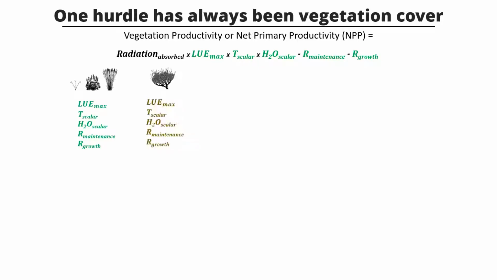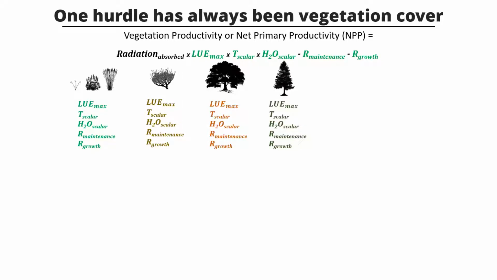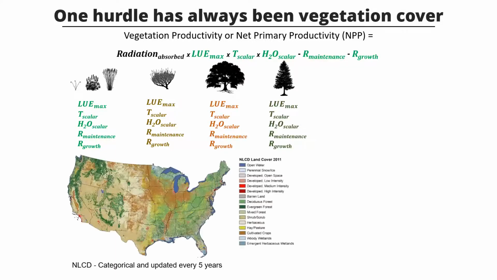And so, just thinking about different types of vegetation, each of these vegetation types needs to be represented differently in the model. So we don't need to get hung up on what any of this represents. But the point is they need to be represented differently.